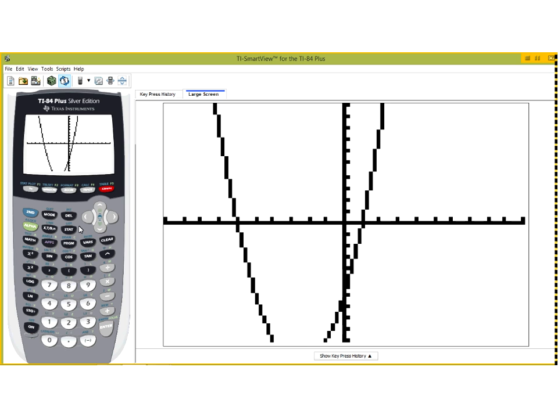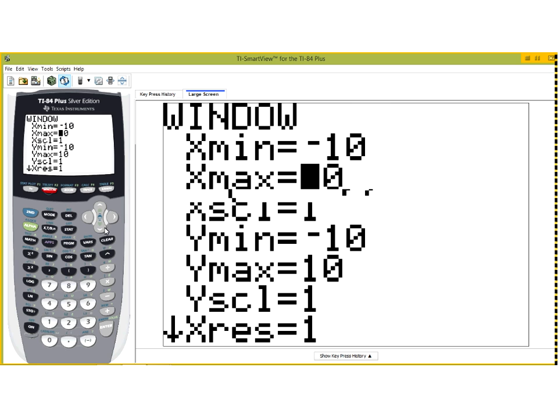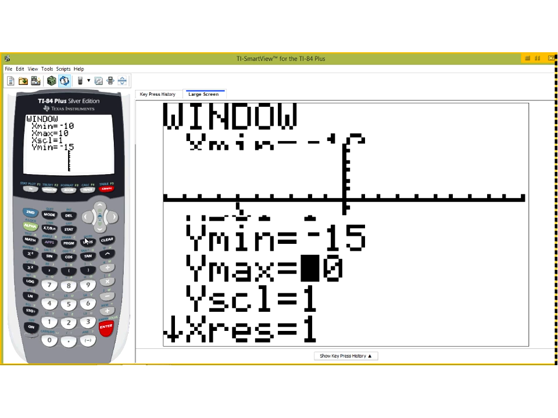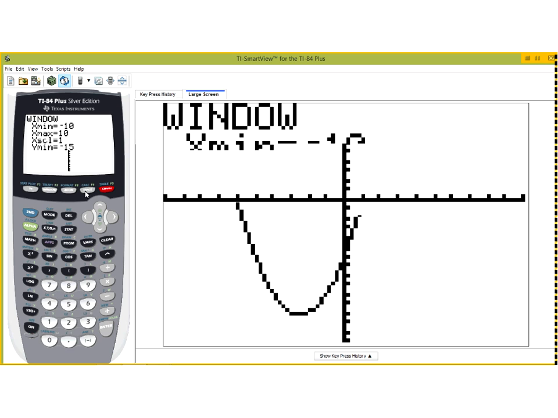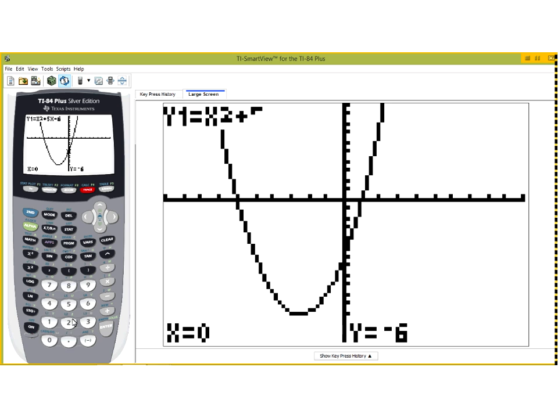Okay, so the vertex is minus 49/4, so that makes sense that it's not going to be on there. I'm going to go to the y-min and make it a little bigger in the negative direction. Go minus 15. And there we go.